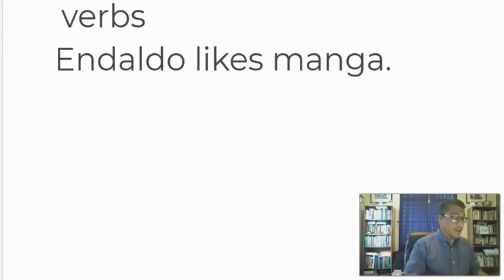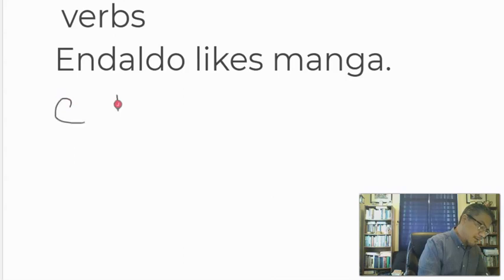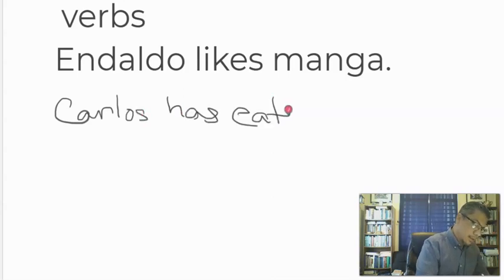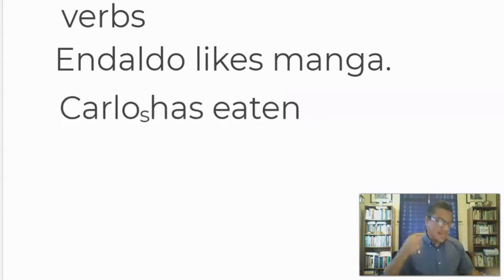Now let me start using other names that probably the computer can understand better. Carlos has eaten. The verb phrase, of course, in this case are those last two words.